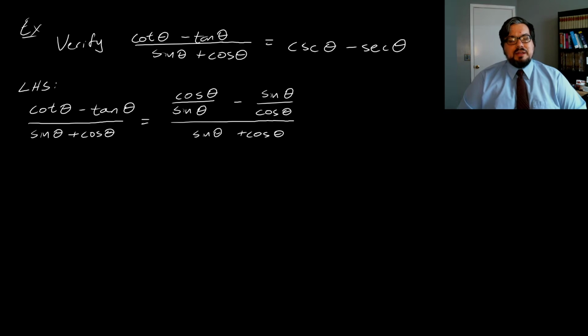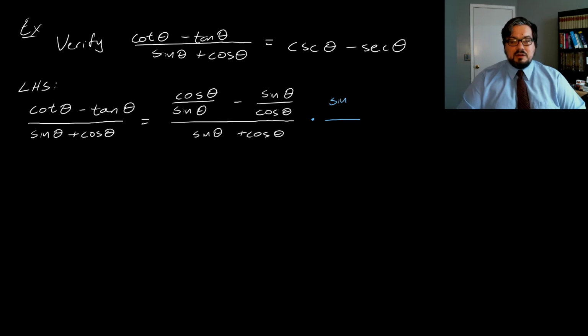From here, we have a couple of options, but the best one is really something that comes from algebra. When we have a big expression like this that involves fractions, complex fractions, fractions within fractions, usually the best thing to do, the simplest thing to do, is to multiply the top and bottom of the big fraction by the least common denominator of all of the small fractions involved.